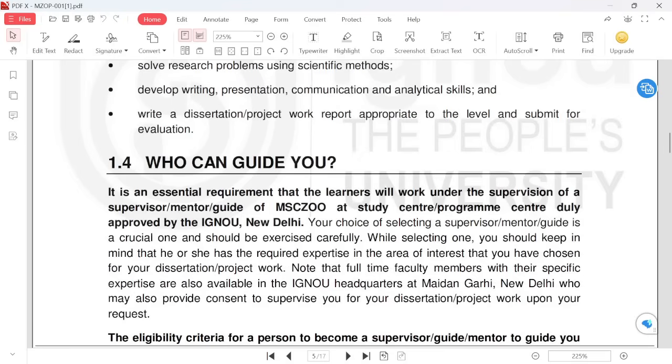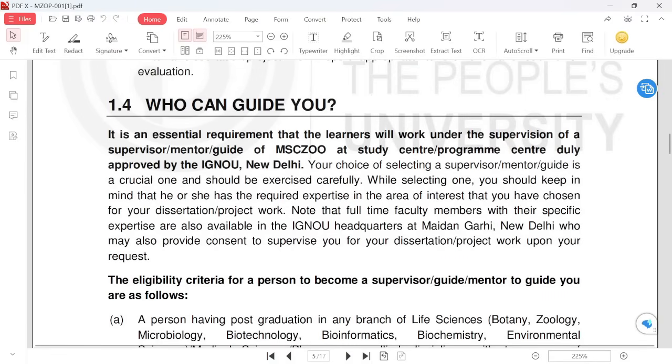So I'm just skipping this and taking you to who can be your guide. Most students have a problem selecting the guide. It is an essential requirement that the learner will work under the supervision of a supervisor, mentor, or guide of MSc Zoology at the Study Center or Program Center duly approved by IGNOU New Delhi.